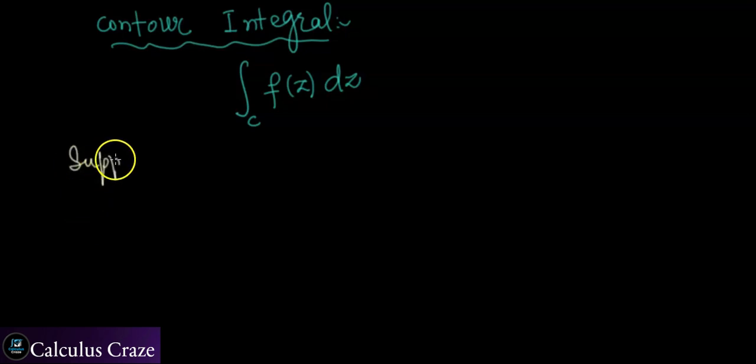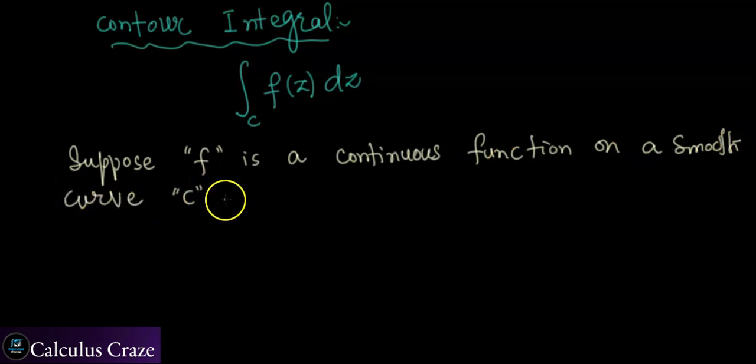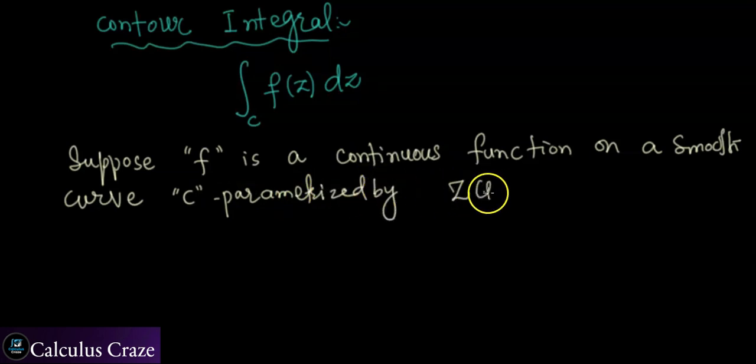So suppose f, which is depending on a complex variable, is a continuous function on a smooth curve C parameterized by z of t equal to x of t plus iota times y of t, where t is running from a to b.